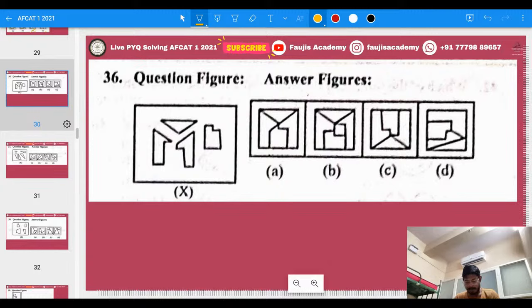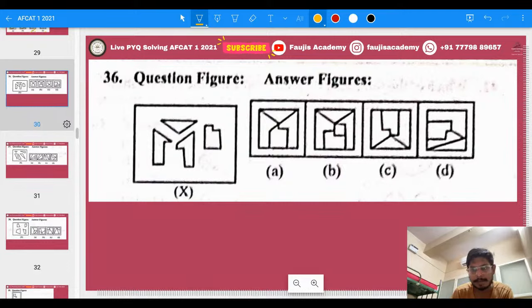What do you guys think? What is the answer for question number 36? First of all, what you guys are supposed to do, question number 36.